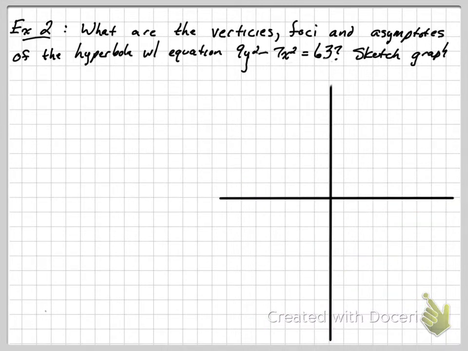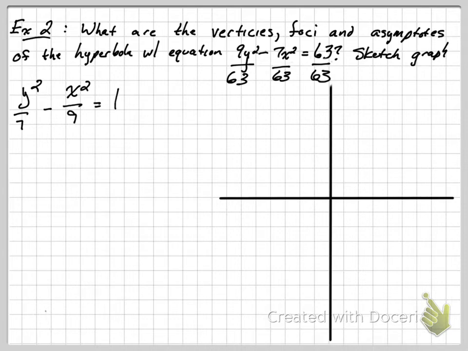Example 2 is asking what the vertices, foci, and asymptotes of the hyperbola are with this equation. Again, notice it equals 63, so what I have to do is get that equal to 1, because all hyperbolas and ellipses equal 1. So 9 divided by 63 gives y squared over 7 minus x squared over 9, I'm just reducing fractions, equals 1.